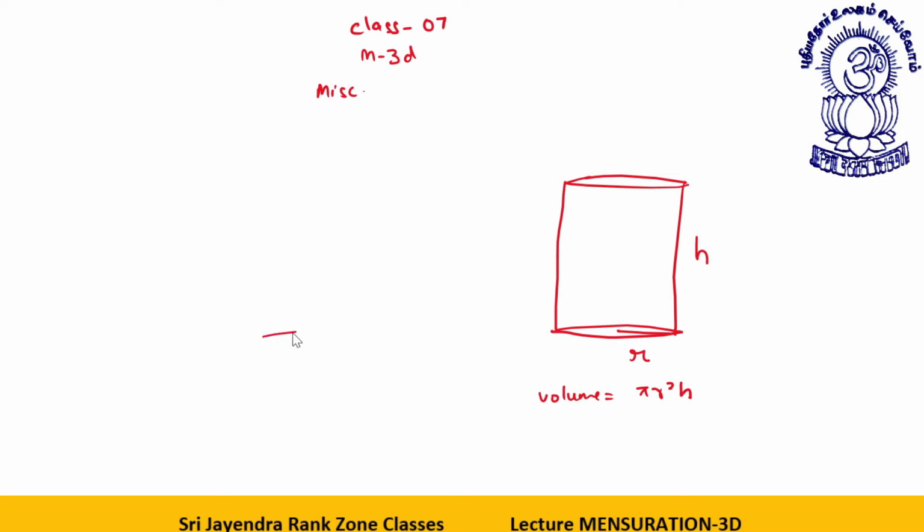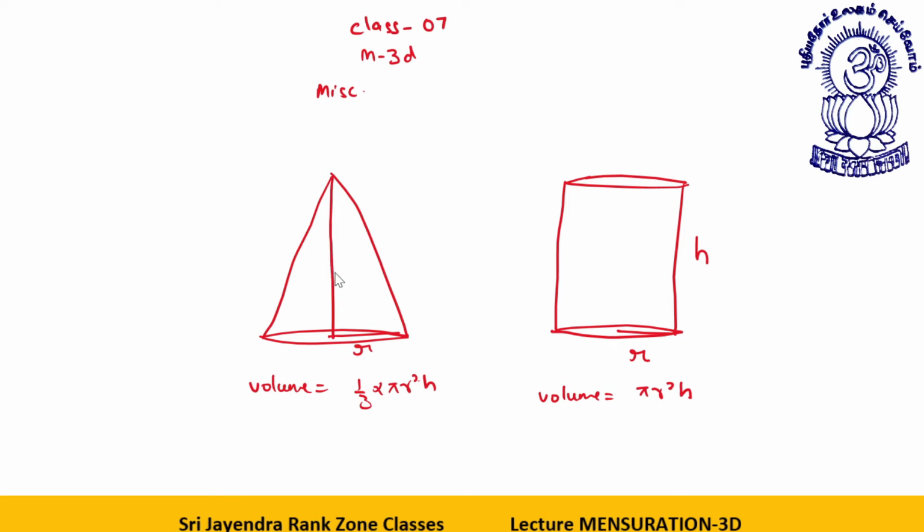Very similar to this, I take a cone. Here it has a radius r. I join this. What will be the volume? Volume will be 1 by 3 into pi r square h. This has a height h.